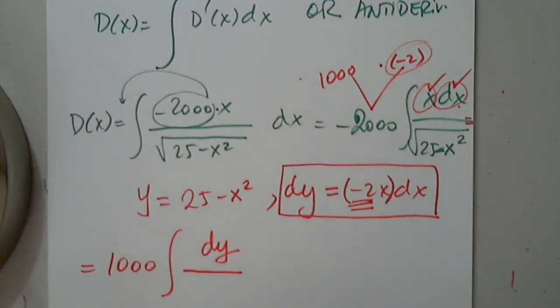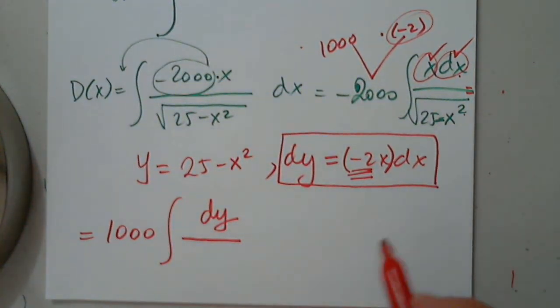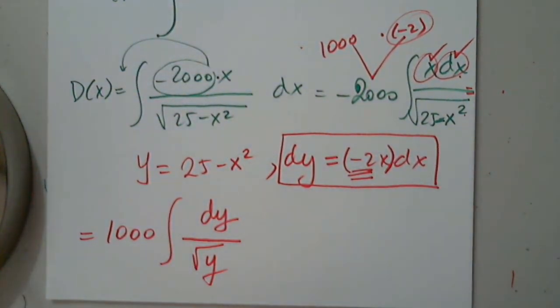What about the denominator? Just make sure one more time. This integral has only x in it. This one has to have only y in it. Do not put any x in here. That would be a terrible mistake. That would be square root of y. That's it. Excellent. Thank you very much. Good.